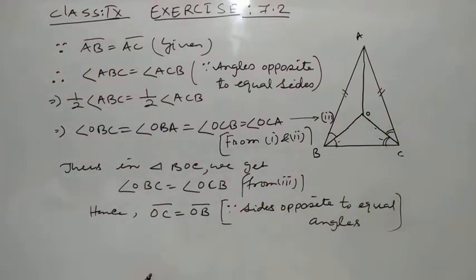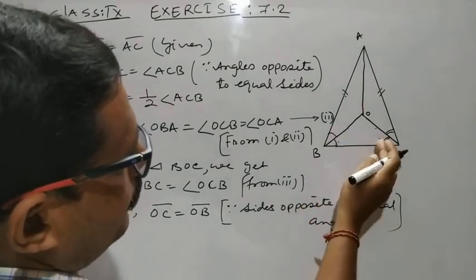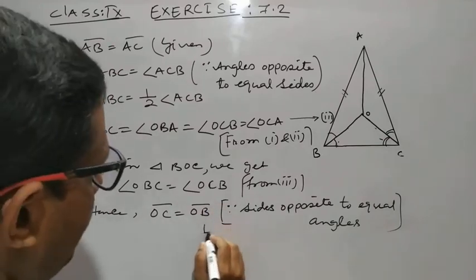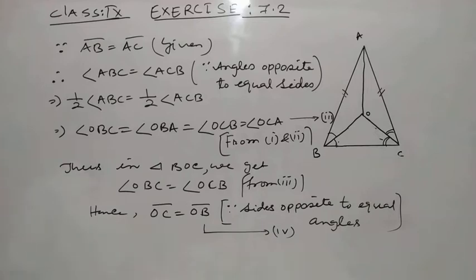Therefore OC equal to OB, because this angle and this angle are equal, so its opposite side is OC and its opposite side is OB. So OC equal to OB, and let it be number 4. So one part is over.